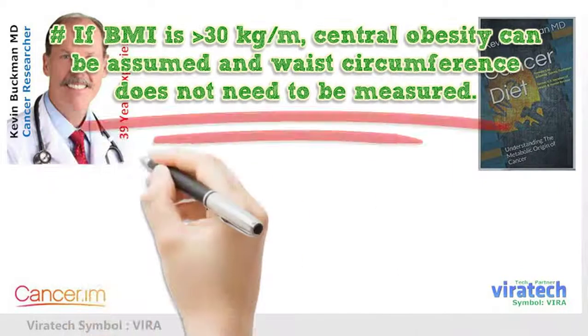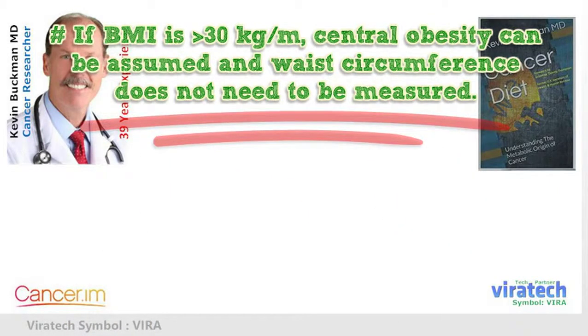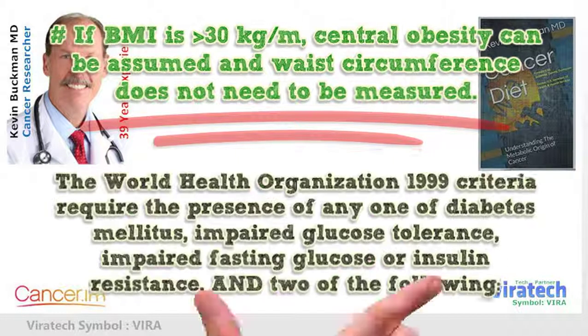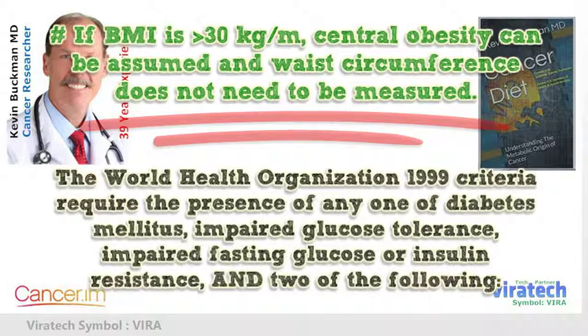If BMI is greater than 30 kg/m2, central obesity can be assumed and waist circumference does not need to be measured. The World Health Organization 1999 criteria require the presence of any one of diabetes mellitus, impaired glucose tolerance, impaired fasting glucose or insulin resistance, and two of the following.